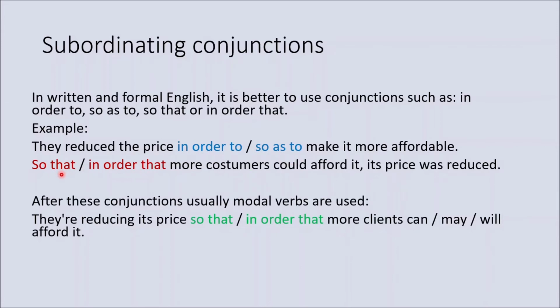So that more customers could afford it, or in order that more customers could afford it, its price was reduced. So we have the subordinate clause, a comma, and the main clause. If we have a subordinate clause in the beginning, we have to divide the clauses with a comma.